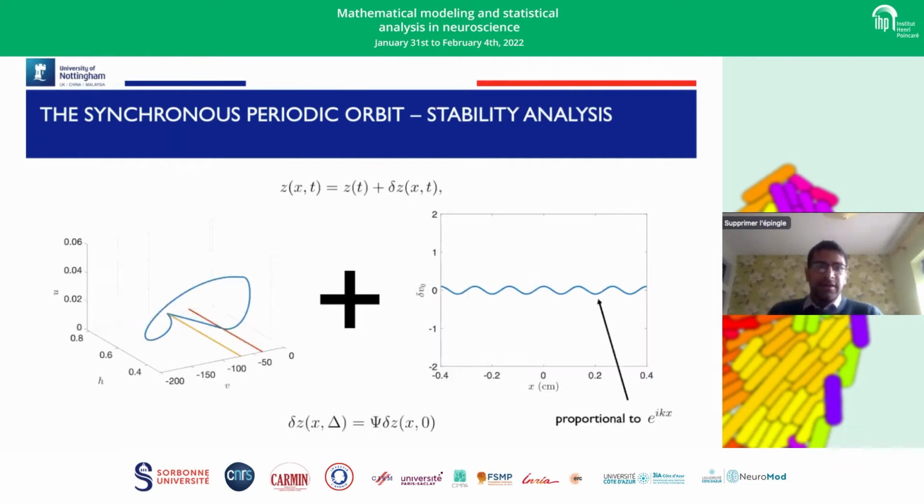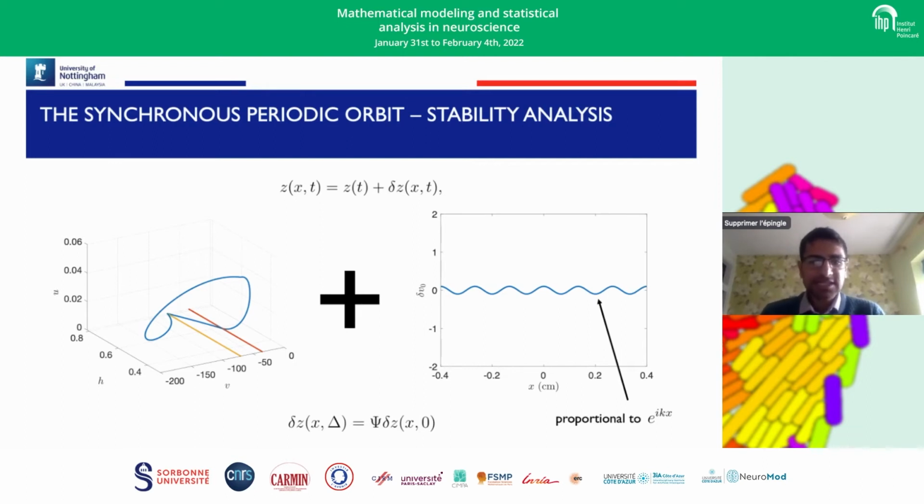Okay. So what we're going to do now, bearing in mind we want to see the kind of patterns that can emerge in the model that we're considering, is a linear stability analysis of the orbit, looking at the patterns that can emerge from the instabilities that occur.